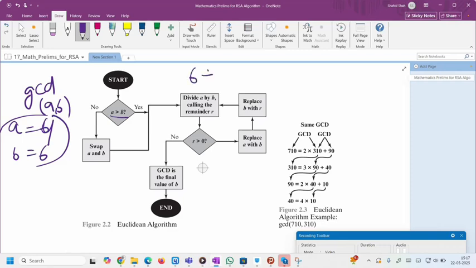So you can think of dividing 6 by 4, and the remainder R was 2. Then check, is R greater than 0? Yes, 2 is greater than 0, R is not 0.